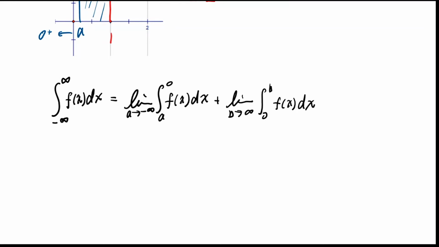Okay, let's take this example. Say we have the integral from negative infinity to positive infinity of e to the negative absolute value of x dx. Do you know what this thing looks like? Okay, I'm going to make it right here with my other computer.